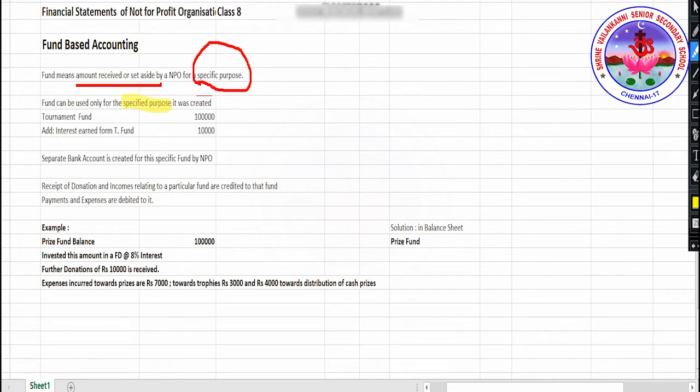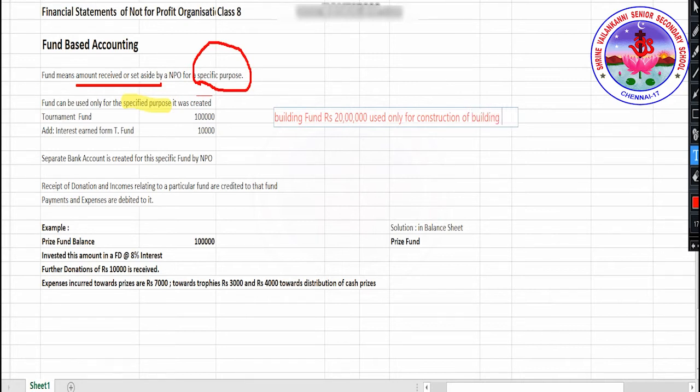Say for example, you have a building fund of rupees 20 lakhs. This building fund can be used only for construction of building.